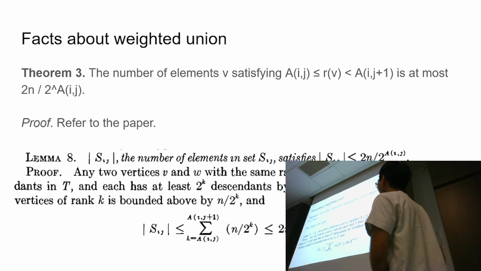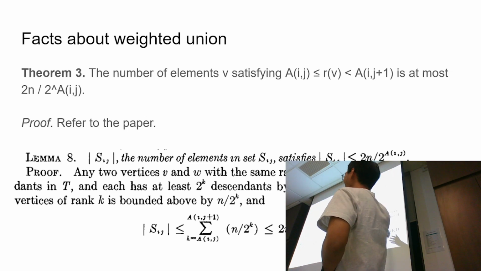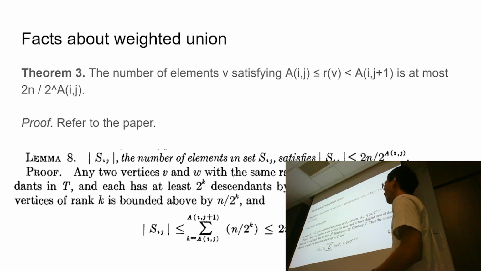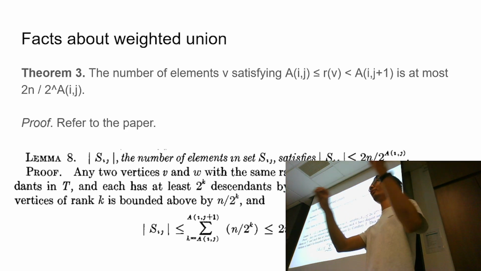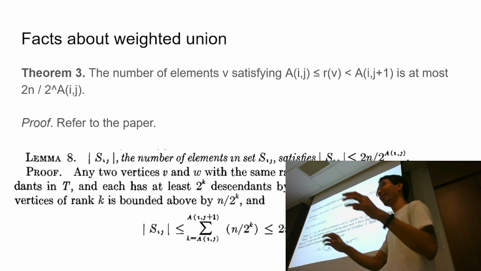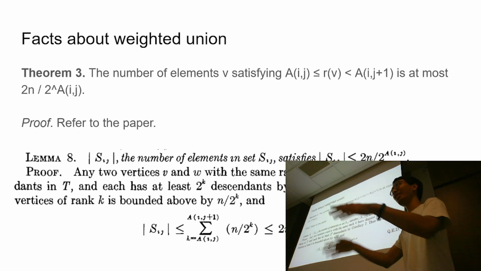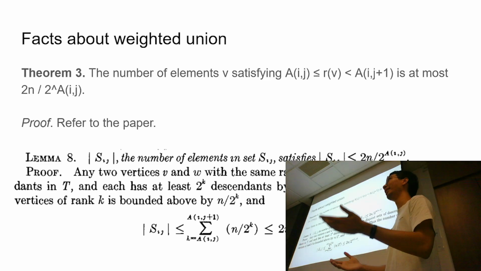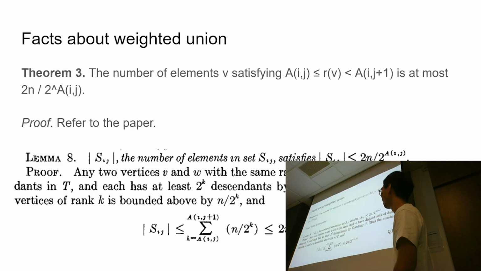So I tried to write out an explanation, but I realized the paper is already quite concise. So basically, if we consider all the rank k vertices for some k, each of them will have some large number of descendants, but the total number of descendants must still be less than the total number of nodes.